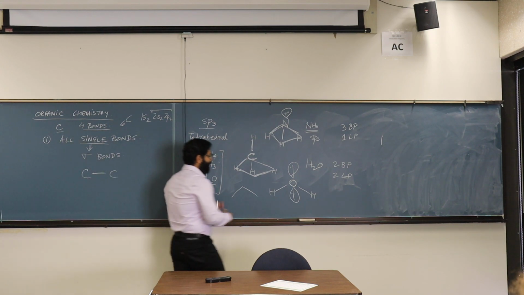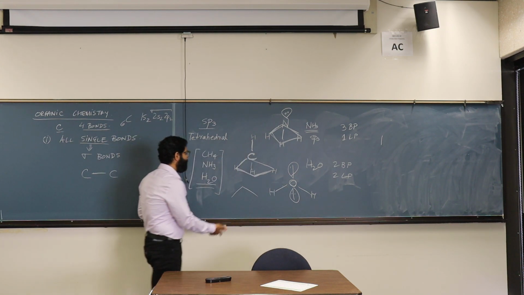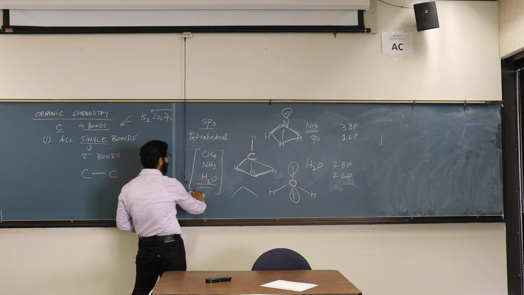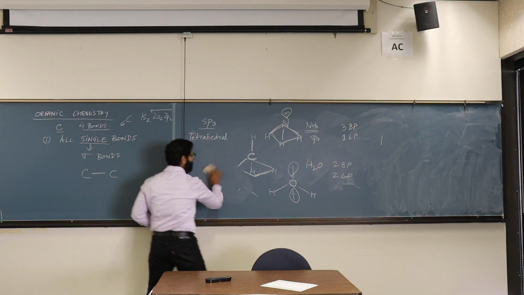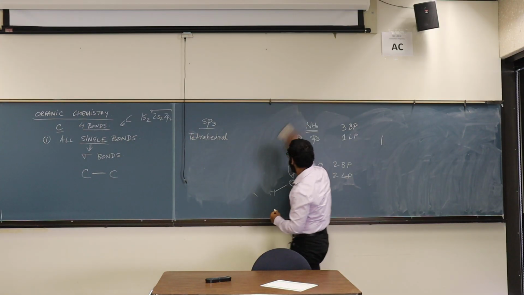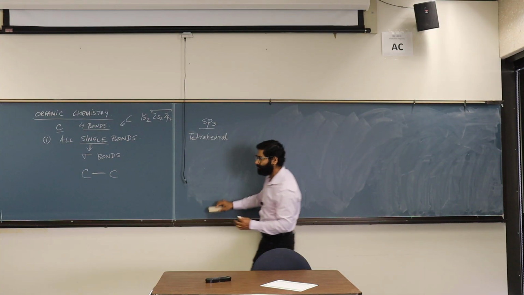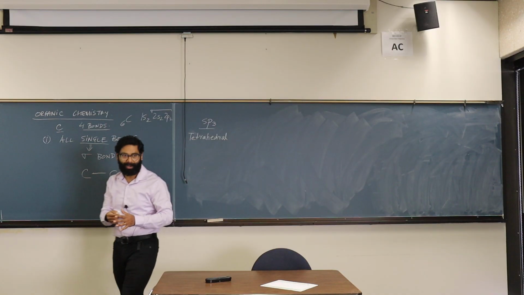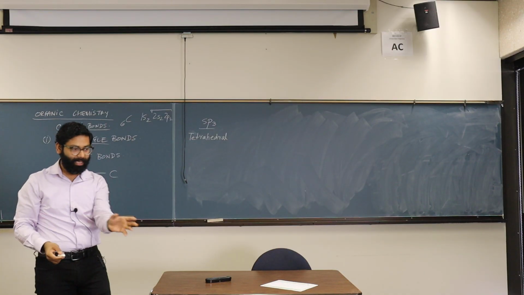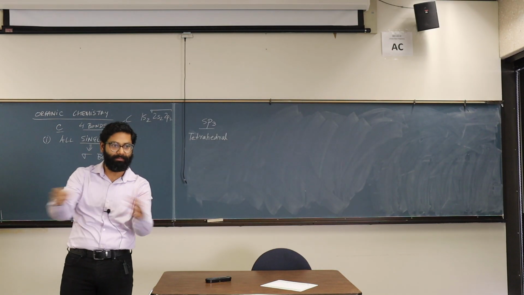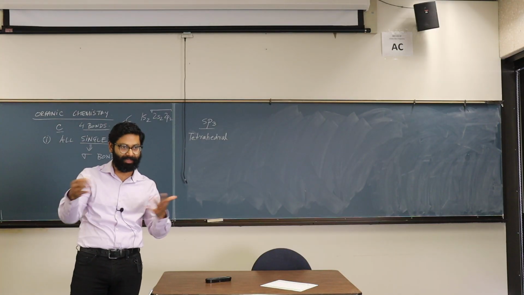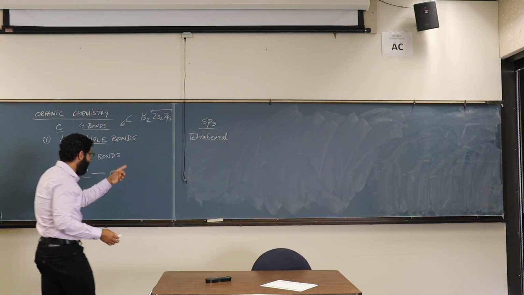Okay, so if a carbon is sp3 hybridized, then you have a tetrahedral angle geometry going around that carbon. Now different carbons can have different hybridization and different geometries, and we'll see that.